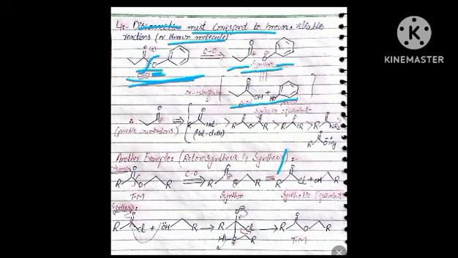Now, just keep in mind how an ester is formed. Before starting this disconnection, you must revise in your mind how an ester is formed. When alcohol and acid react, ester and water are formed; it is our basic concept. So here is an acid, C double bond O, OH. This is an acid, and this side is alcohol or phenol.